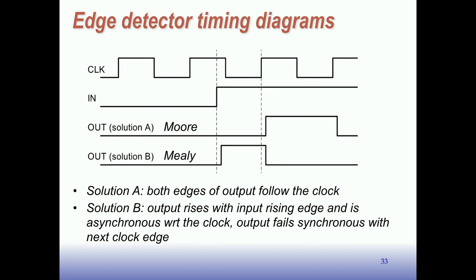The Mealy machine, though, because of the way we generate the output based directly on the input and the current state, as soon as the input changes, the output will change, right? Because it's on the edge. It doesn't have to wait till you actually get into the state. It doesn't have to wait for the rising edge of the clock. So the output will change to a 1 there, and that's fine.